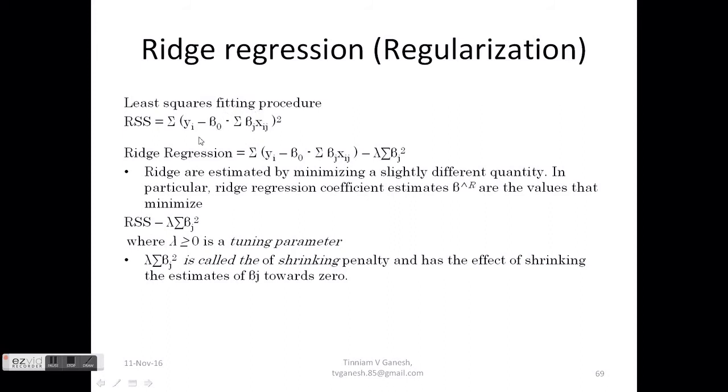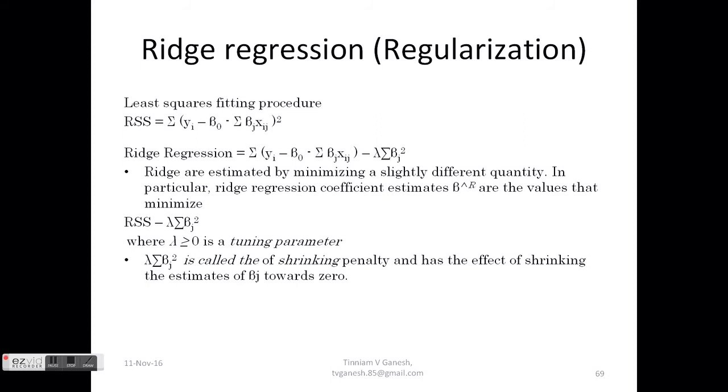This is the real data value minus the estimated function, the whole squared. And here you add a new term known as lambda sigma. For each of those coefficients we add beta 1 square plus beta 2 square plus beta 3 square, and then we use gradient descent or some regression method to minimize this composite function, and we change the values of lambda.